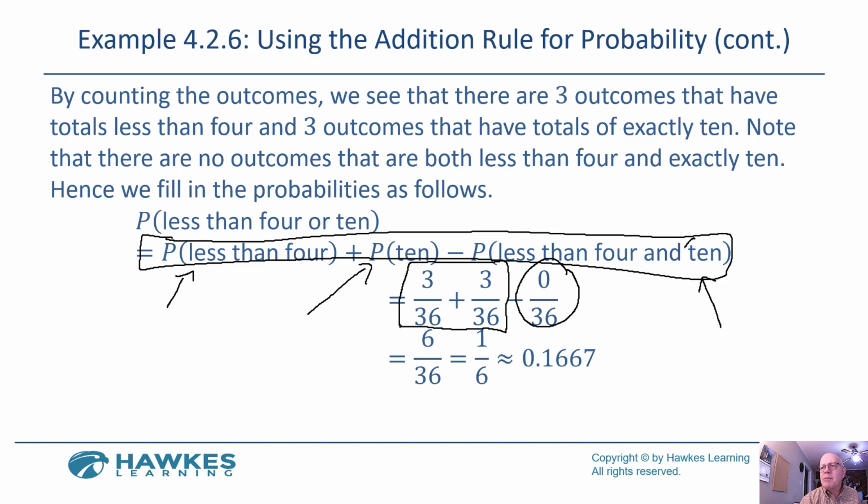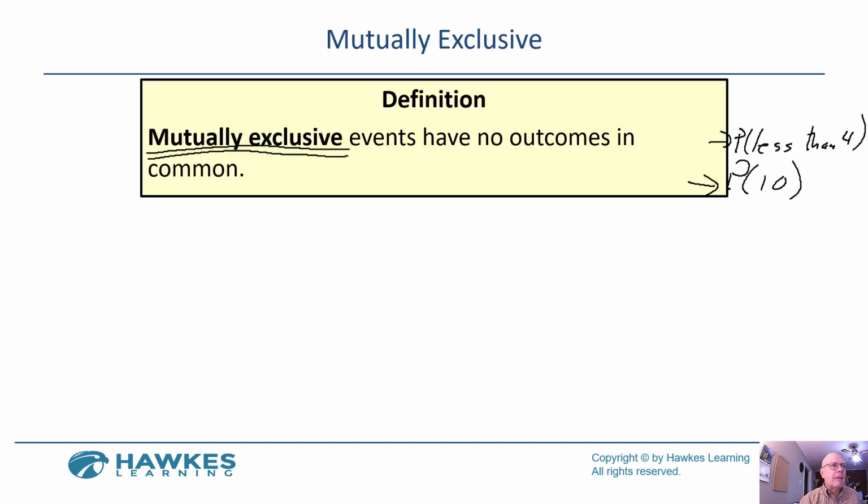If this turns out to be 0, I know it's mutually exclusive. They are mutually exclusive, but it's all going to work out in the long run. I don't have to have two formulas to answer one question.